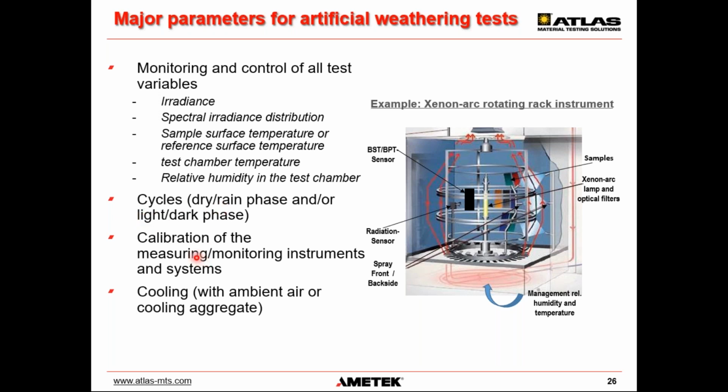The standards also provide guidance on calibration, how frequently you should calibrate, and the design and the frequency at which different variables should be measured, and the systems that should be utilized to control these temperatures or relative humidity or other variables. And finally, the cooling mechanism, whether ambient air or cooling aggregate should be used.